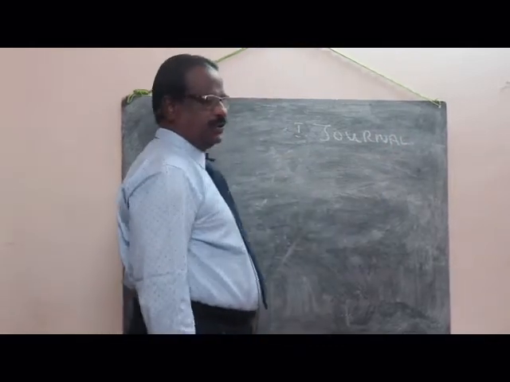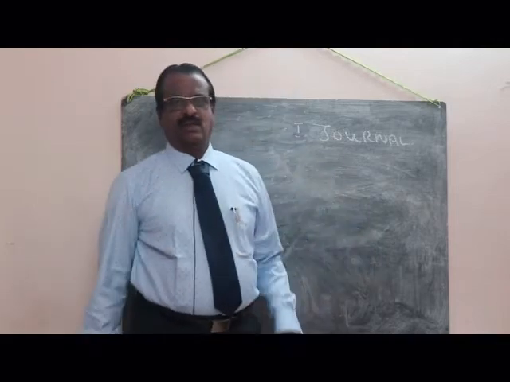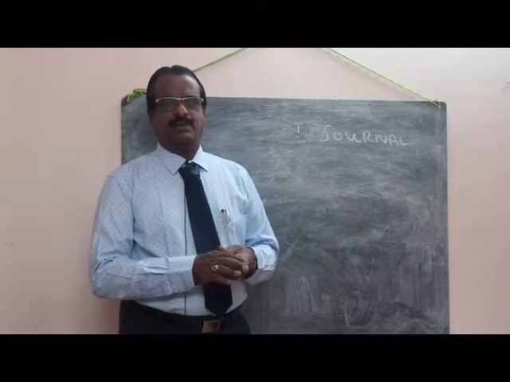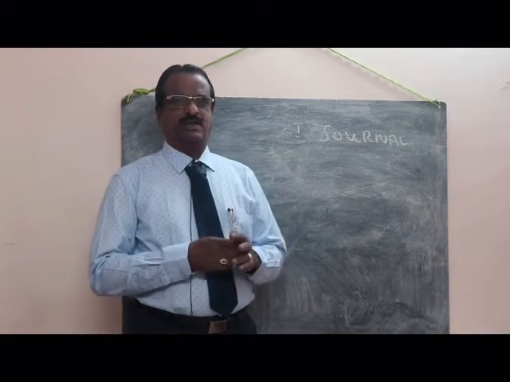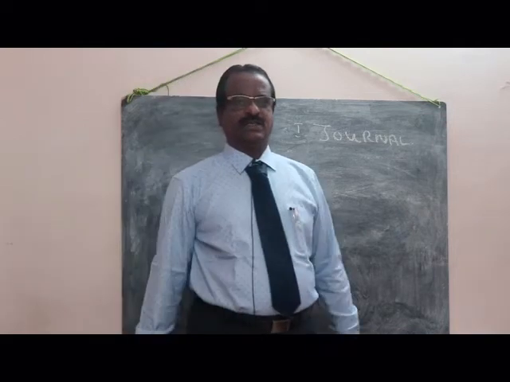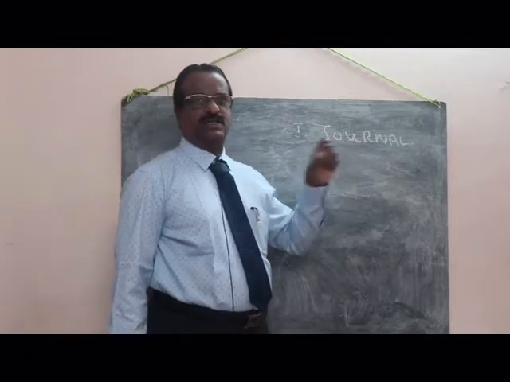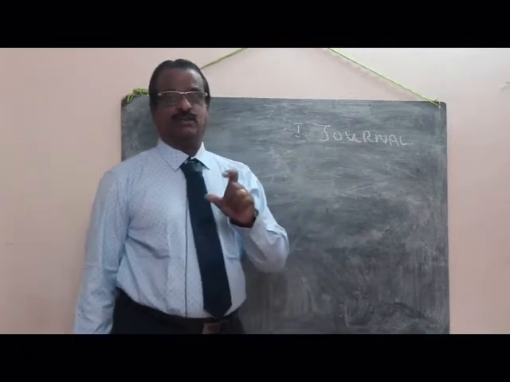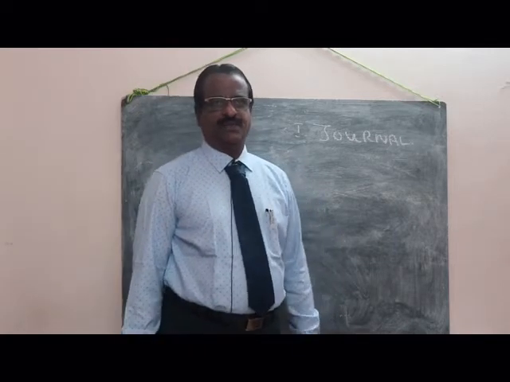I have already told you that any transaction has two aspects. For example, if a company purchases a material, there are two aspects. First, the company must pass a journal entry. So this is the recording. Recording is a very important characteristic of accounting.